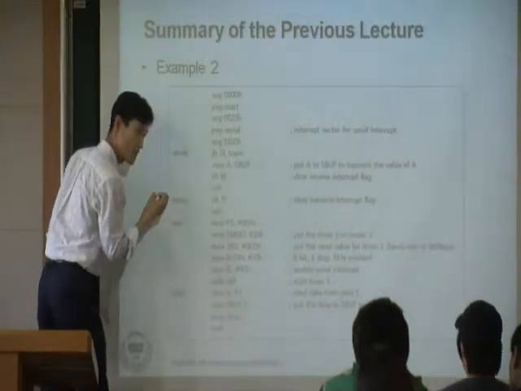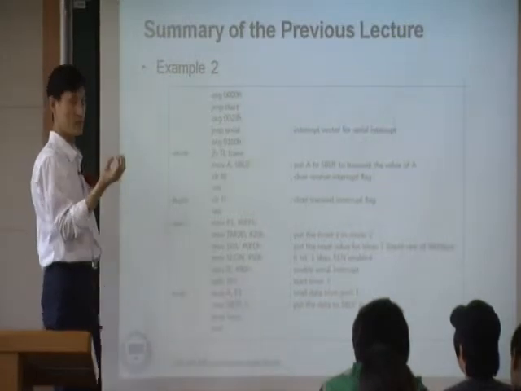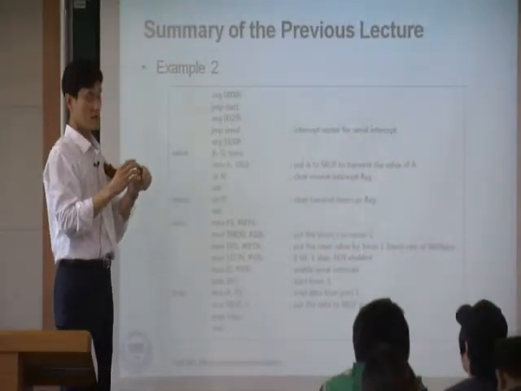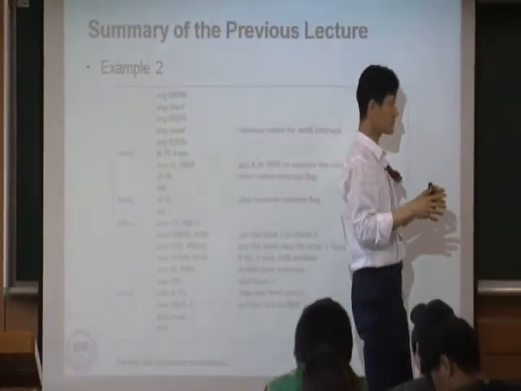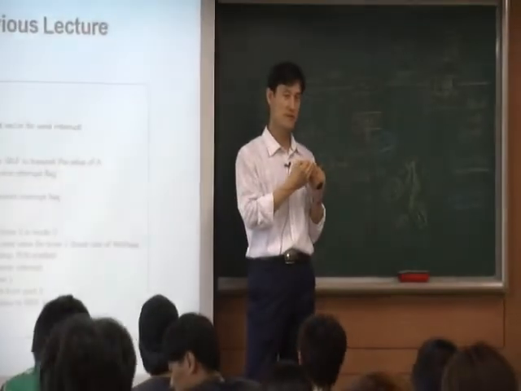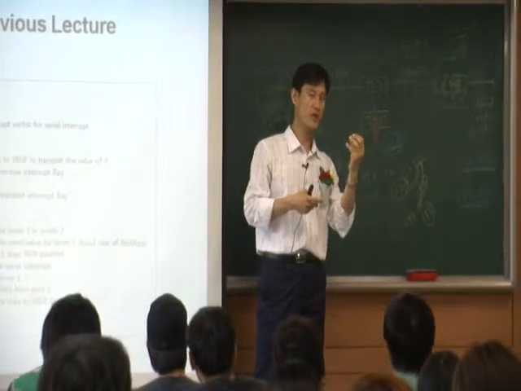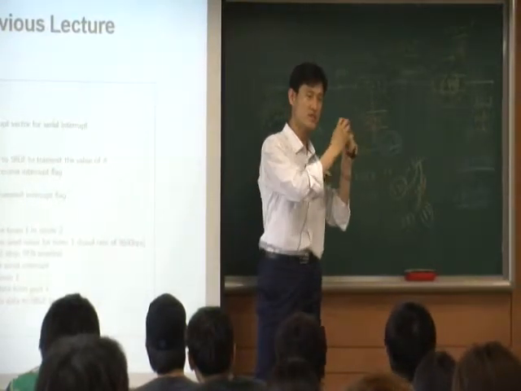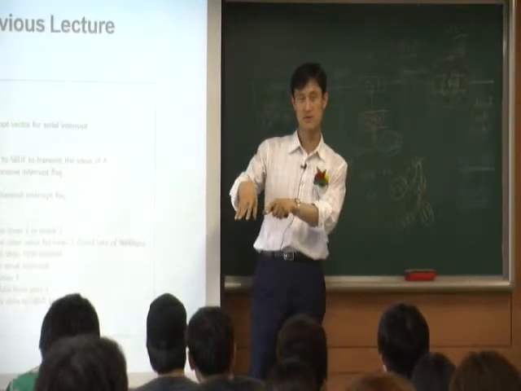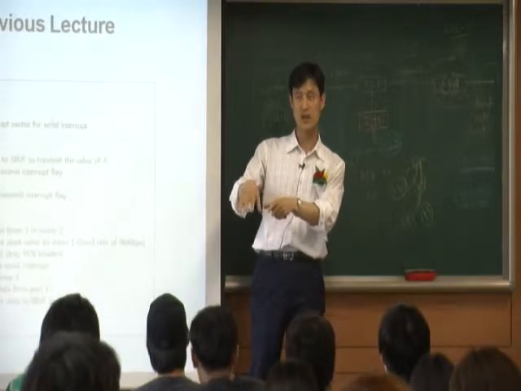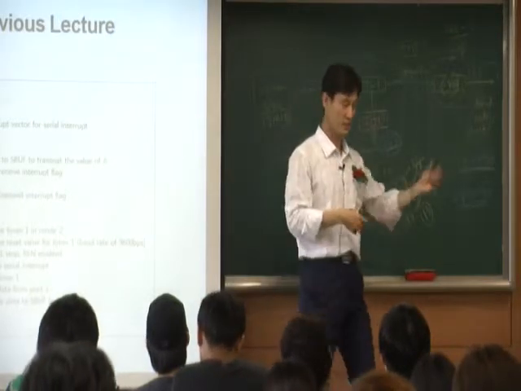But when you receive some byte, first of all, the hardware receives it, right? The received letter comes to the hardware, and the hardware will copy the received byte into SBUF. Okay, that's what the hardware does.